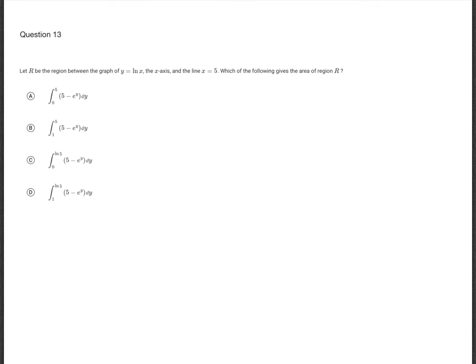Okay, question 13. Let R be the region between the graph of y equals ln x, the x-axis, and the line x equals 5. Which of the following gives the area of the region R? Okay, so definitely going to graph this. Just a rough sketch. And really, graphing is the main thing to do to figure out which answer choice it is.